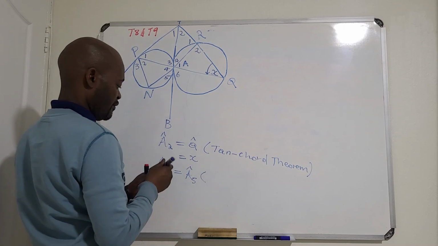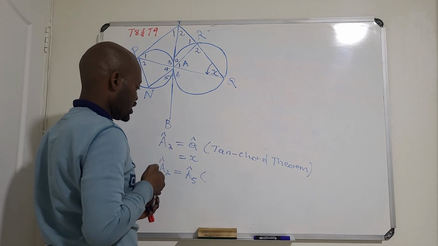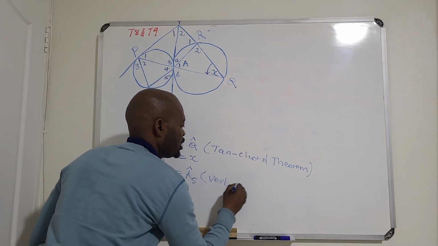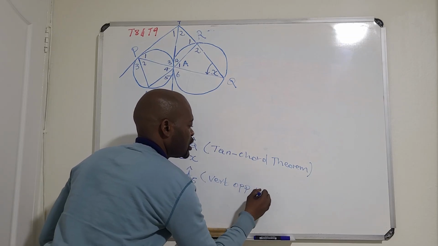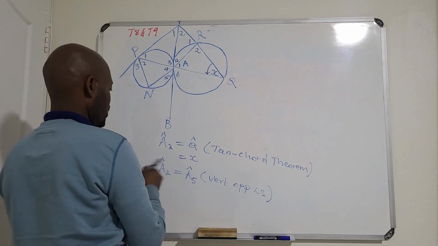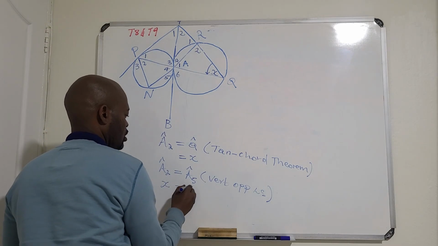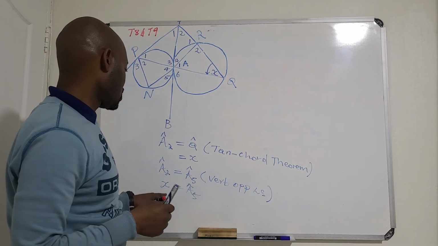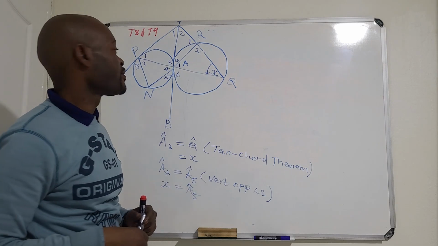Reason? Vertically opposite angles. Now, we know A2 is x, therefore another angle which is equal to x is A5.